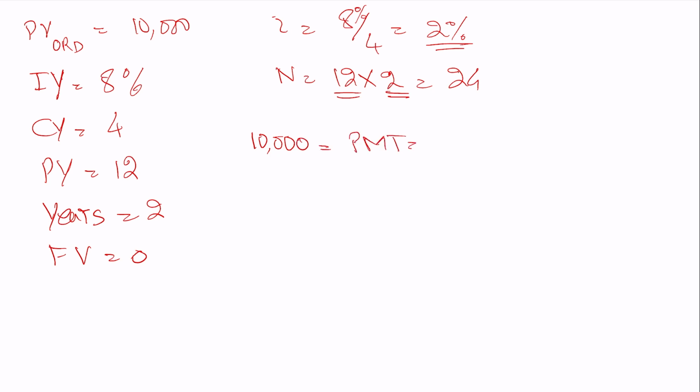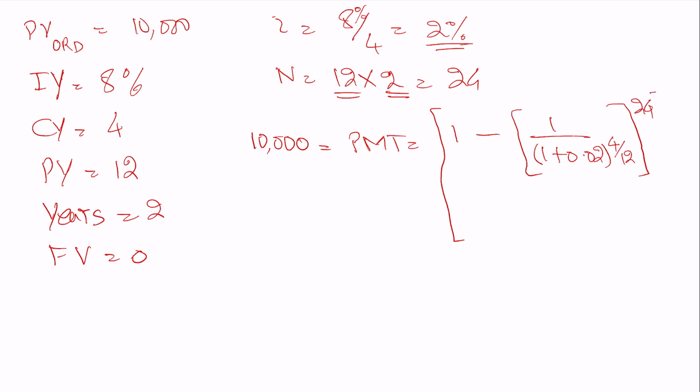PMT is equal to, the formula for this is 1 minus 1 over 1 plus 0.02 exponential CY over PY, which is 4 over 12, into N, which is 24, divided by 1 plus 0.02 exponential 4 by 12 minus 1.